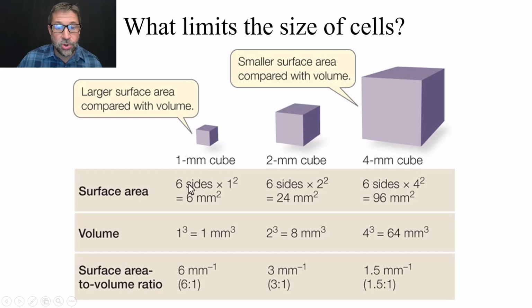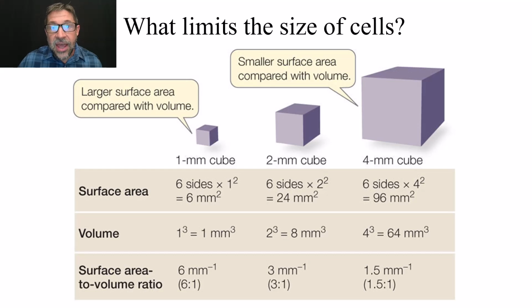So this small cube has a surface area of 6 millimeters squared. Remember, volume is base times depth times height, 1 times 1 times 1, which gives us 1 cubed. So the surface area to volume ratio, or the amount of surface relative to the volume, is 6 parts surface relative to 1 part volume. 6 to 1 is our surface area to volume ratio.